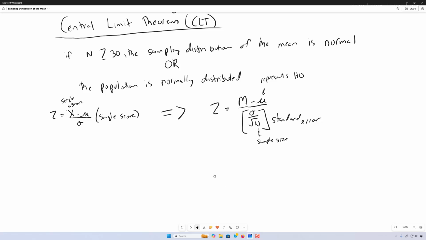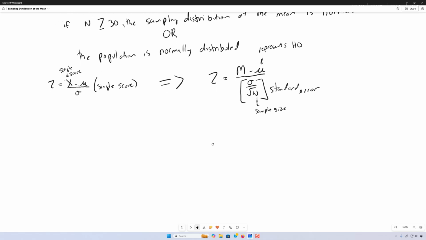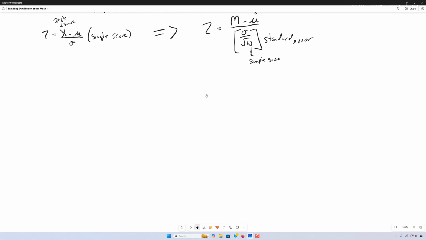So let's take a look at how that works. Let's say we took a sample of 16 people. We found the mean to be 20.